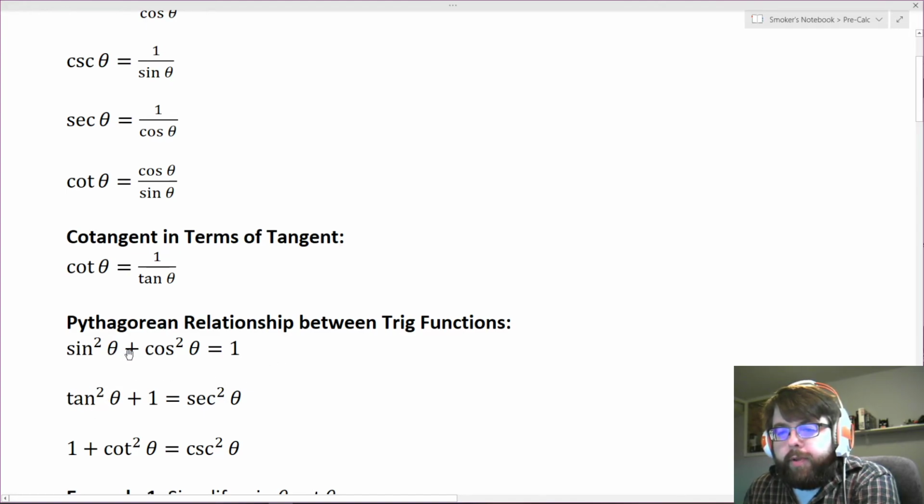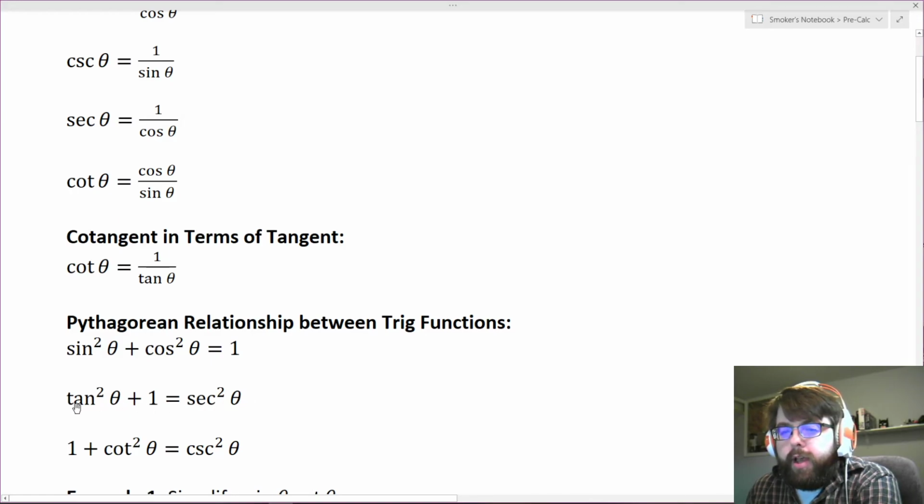But if sine squared plus cosine squared is equal to 1, then you can divide everything here by cosine squared. I will have tangent squared, because sine over cosine is tangent. Cosine squared over cosine squared would be 1, and 1 over cosine squared would be secant squared.